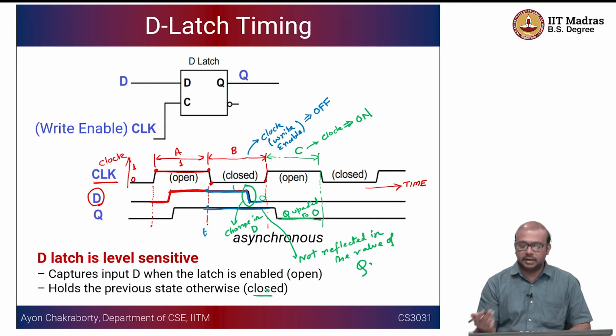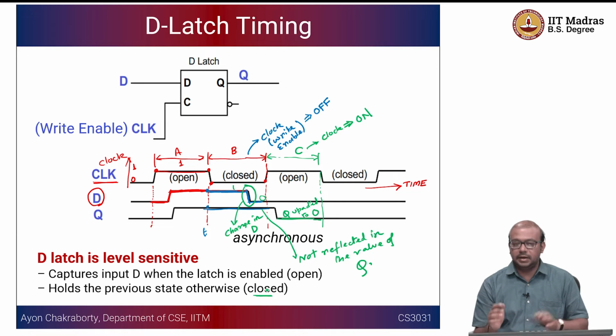As you can understand, it has these asynchronicity issues, and the levels are respected here. If the level is high, or if the level is low, for that period of time, the output has to be copied from the input. It depends also on the time period for which the clock is on.